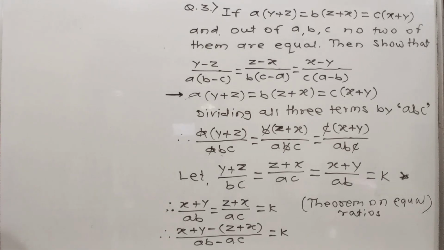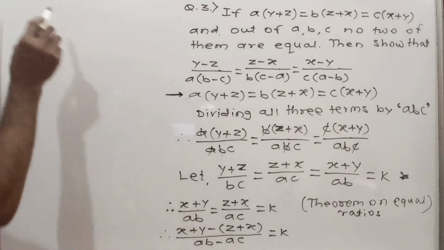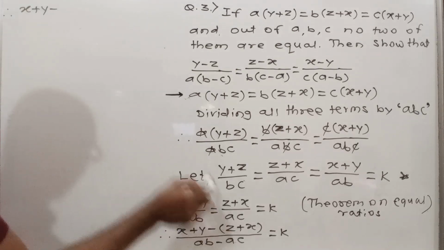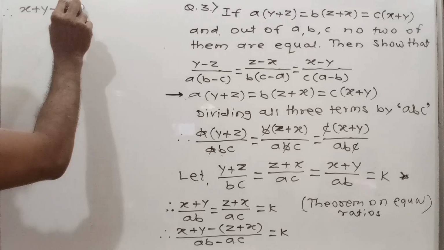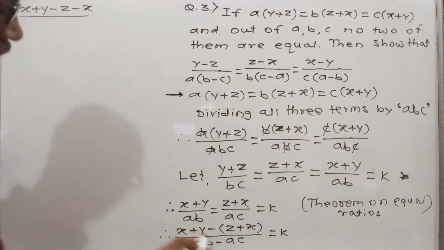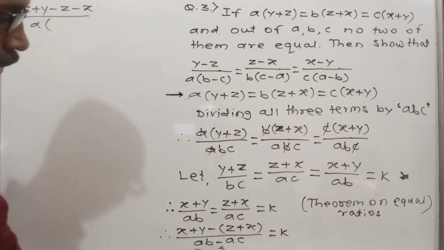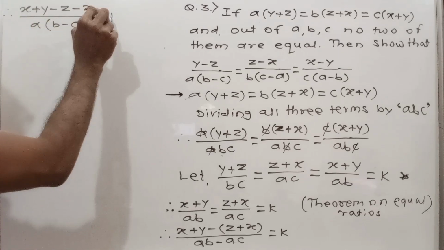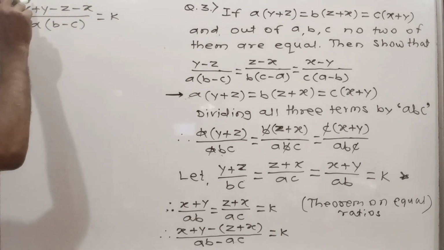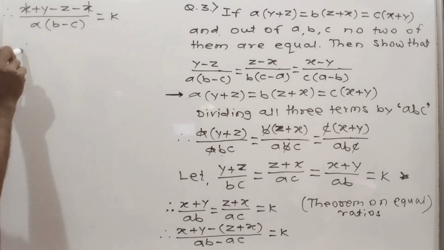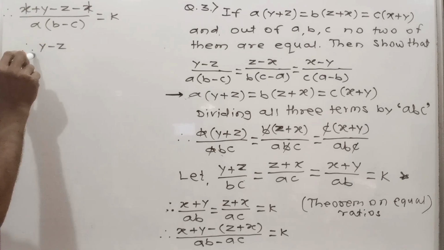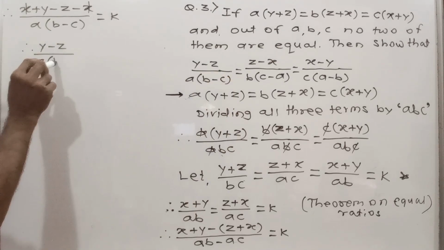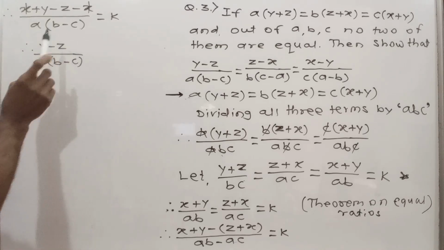Because of this minus sign, the internal sign changes: x + y − z − x upon a common, so what is left is b − c, equals k. Here x − x cancels, therefore (y − z)/a(b − c) = k.